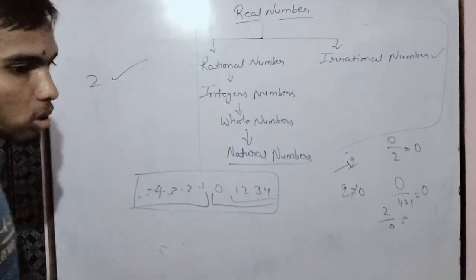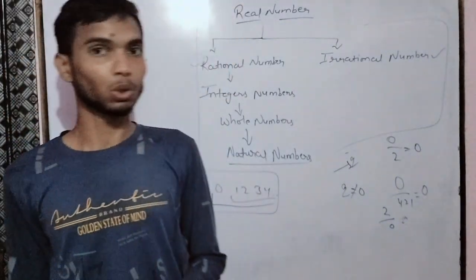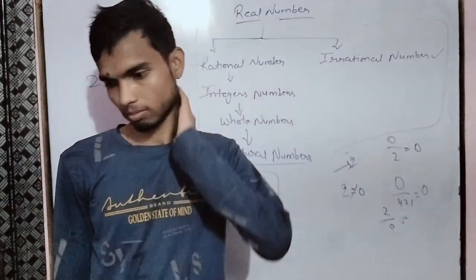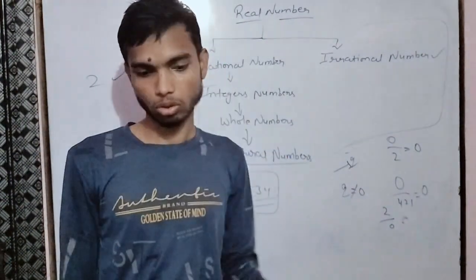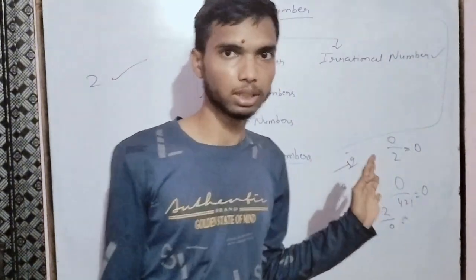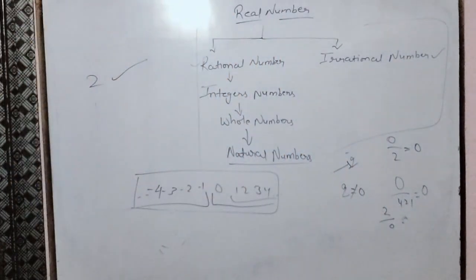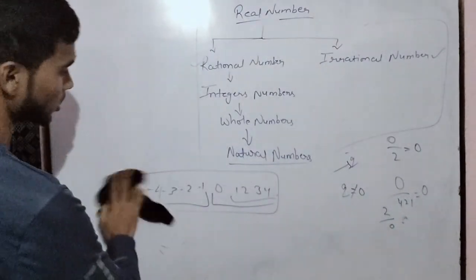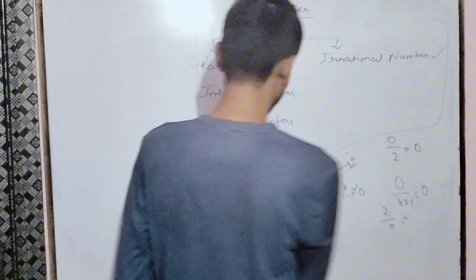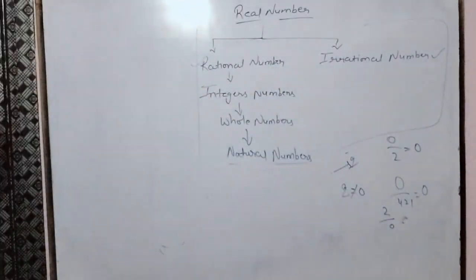But 2 is not an irrational number. Clear? So it is a real number.